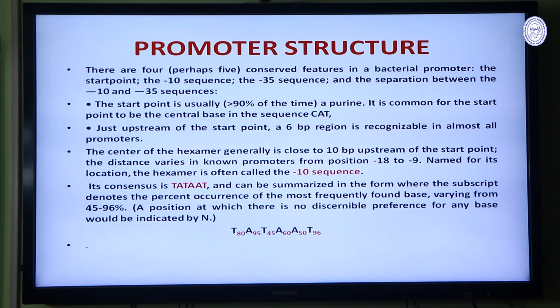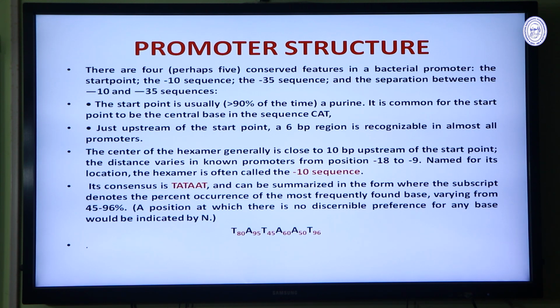TATAAT. The numbers 80, 95, 45, 60, 50, 96 mean at what percentage this particular nucleotide at that particular location is conserved.